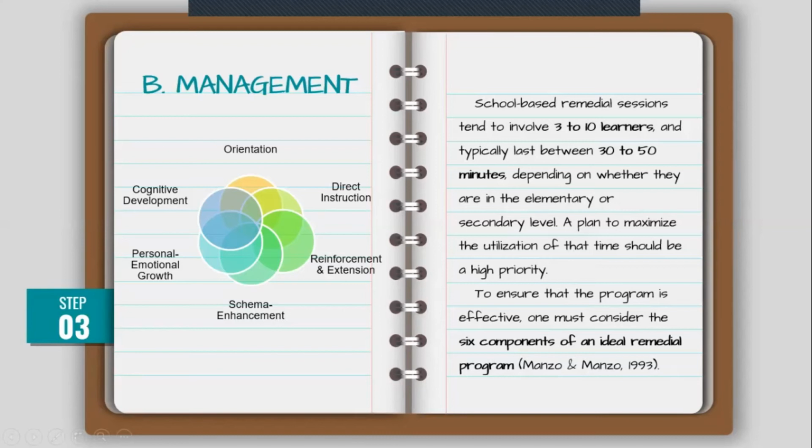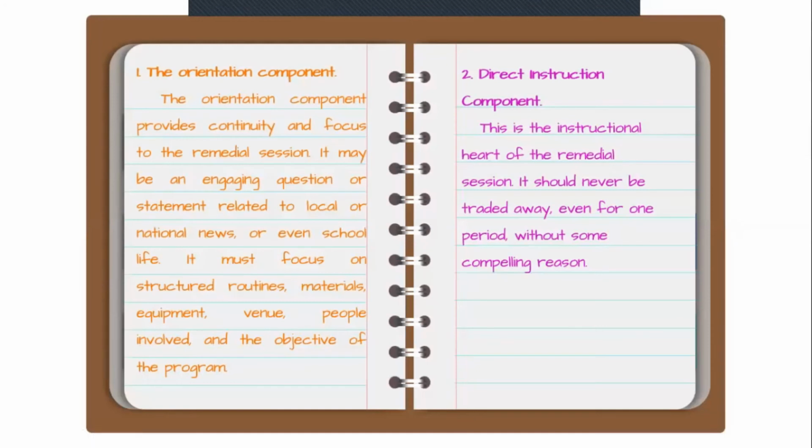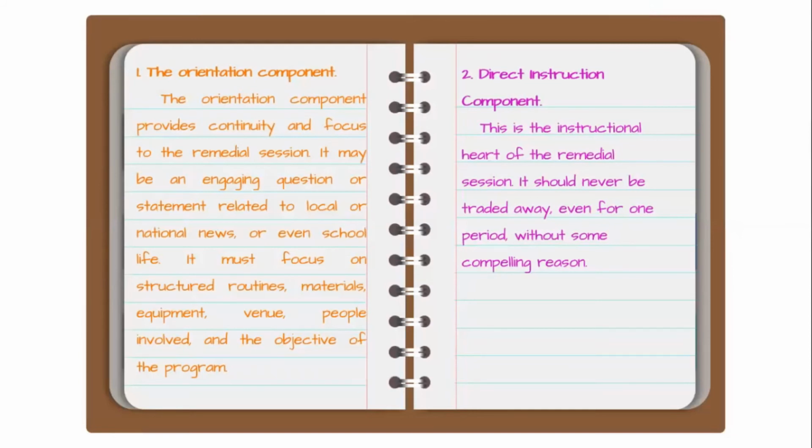We have here the overlapping components of remediation. Number 1, the orientation component. It provides continuity and focus to the remedial session. It may be an engaging question or statement related to local or national news, or even school life.